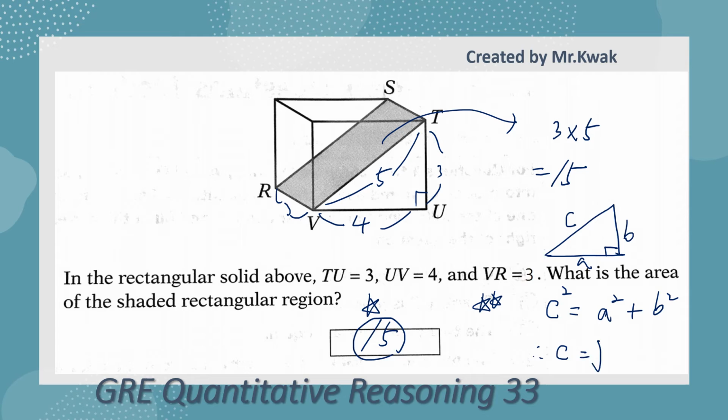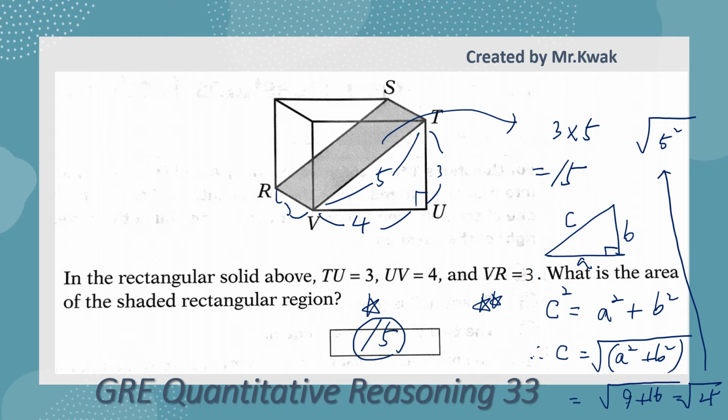So in other words, C equals the square root of A squared plus B squared. And then this number was 9 plus 16, which is 25. So root 25 is root of 5 to the second power. So we could remove both root and second power. So the line was 5, and then we could figure out the area. So it's very important, guys.